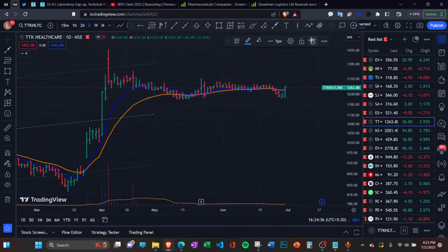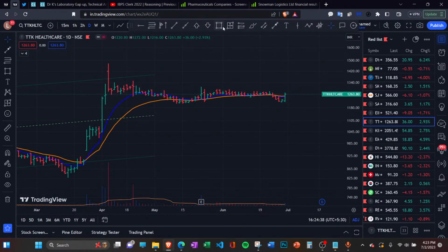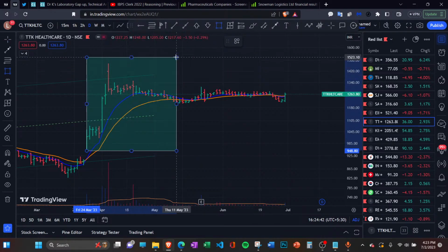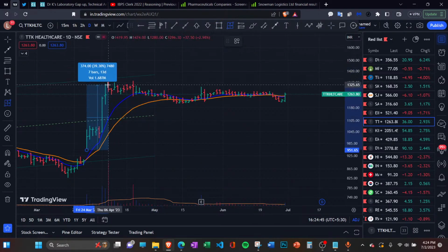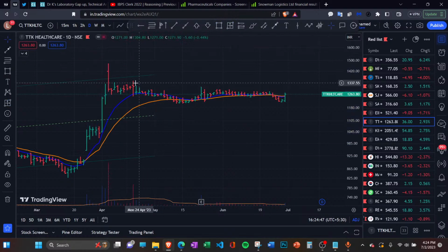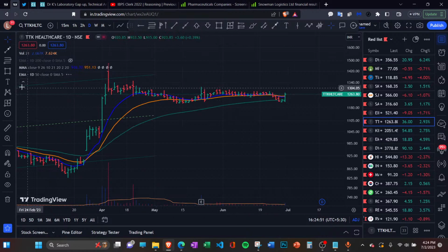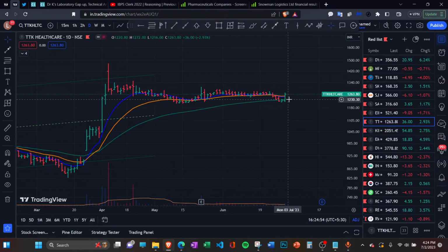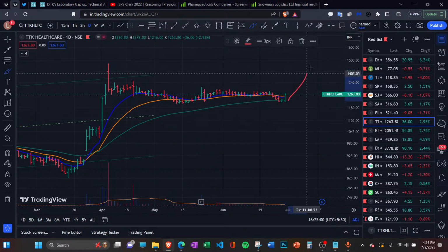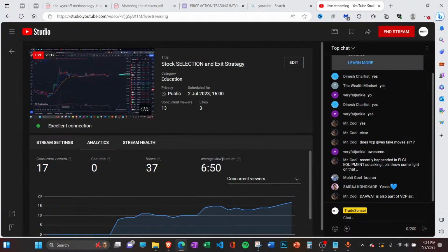After this 40% move, it has been consolidating in a range of only 8.5%, and the 50 moving average is also catching up. It has not given a proper breakout yet, but my bias is that there could be a range expansion on the upper side, so I'll be keeping this in the watch list. I hope that's clear as well.